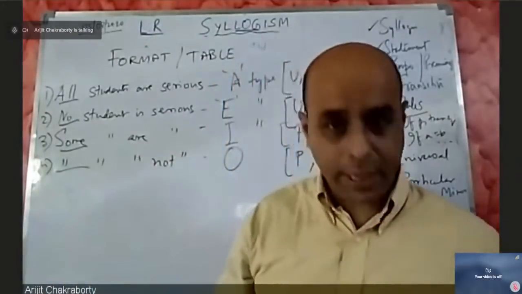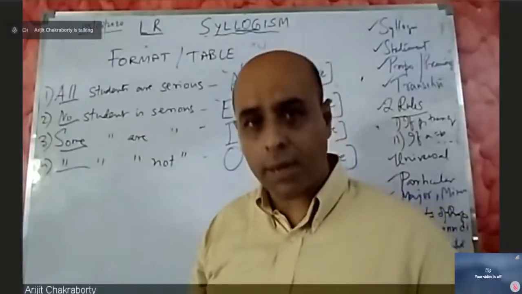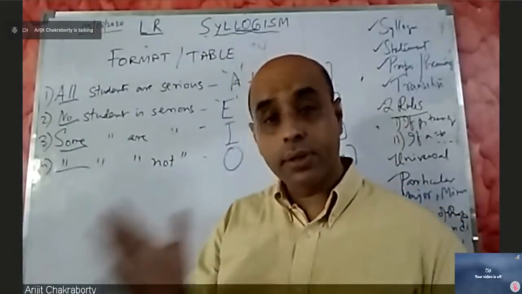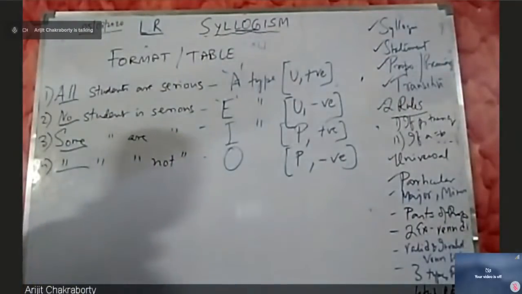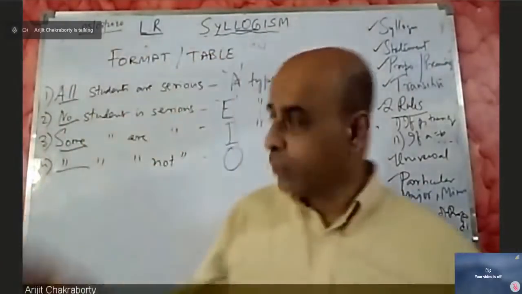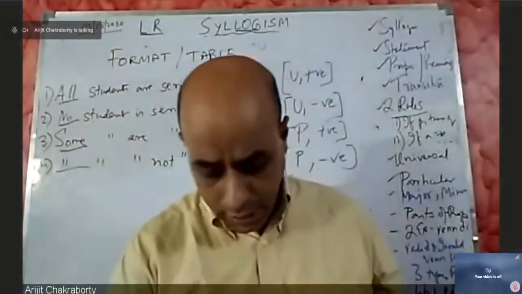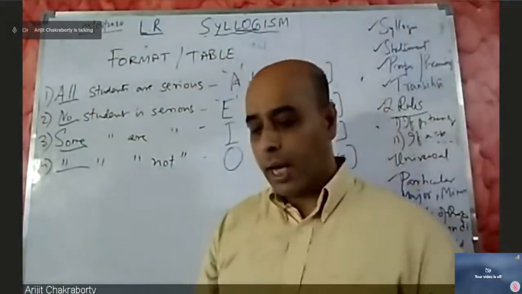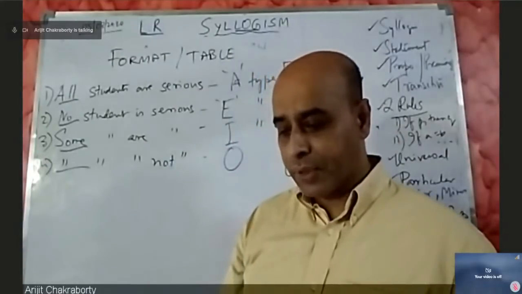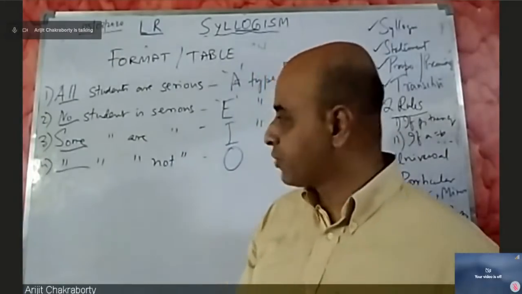Now I will take a different part of the chapter, that is the types of inference. Let's understand the types of inference and then we shall move on to the continuation of these rules. Types of inference will just take 2-3 minutes to understand. We have two types of inference.